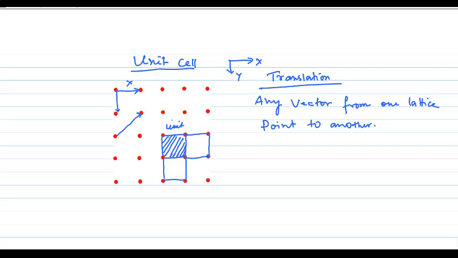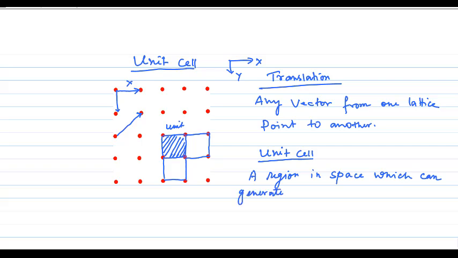Okay. So now we define unit cell. Technically, it can be defined as a region in space which can generate the entire lattice by repeating itself through translation.